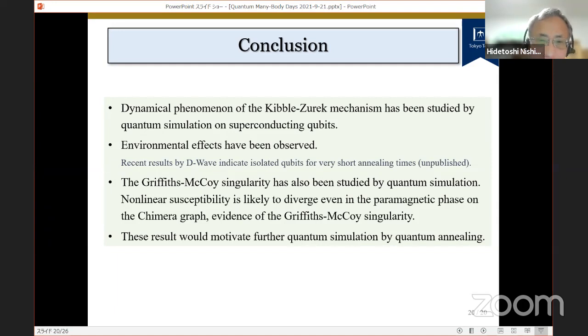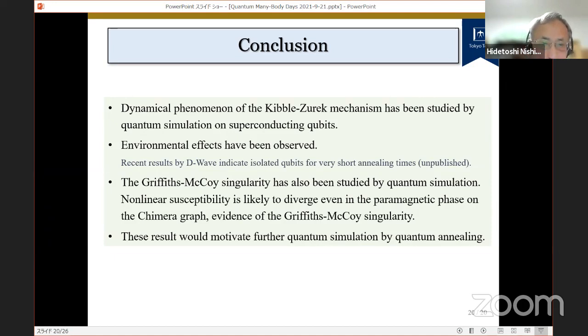And they found evidence that the Kibble-Zurek exponent for an isolated system is realized for very short times, which means that the noise of the environment comes into play at the later process of the annealing. But this work is still unpublished, and we are discussing very vigorously with them.